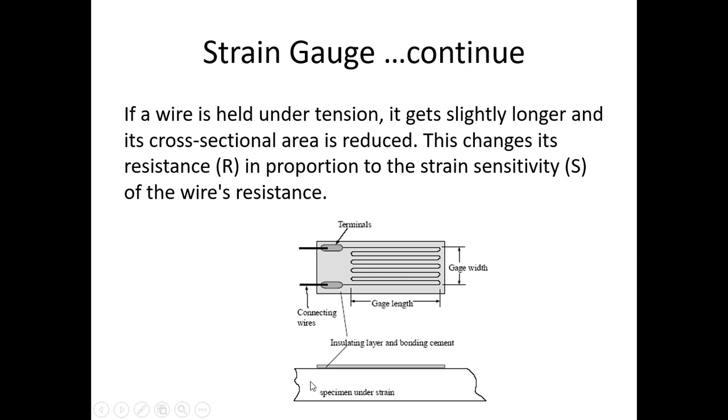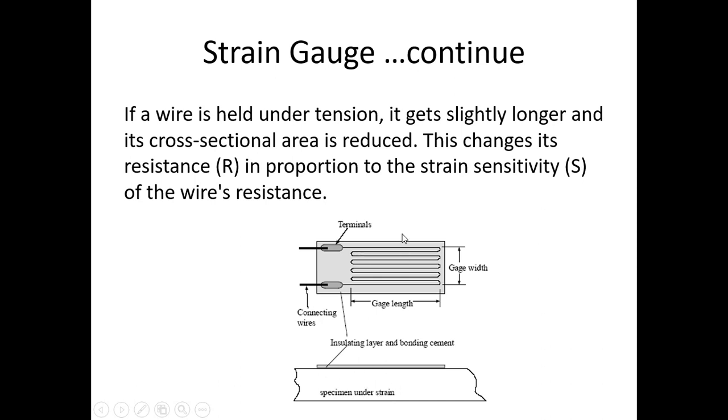When this specimen is strained, or you apply some stress on it, the strain gauge along with the specimen is going to be stretched, and you will find some changes in the dimensions. It could be in the length, or the radius, etc. Accordingly, there is some minute change in the resistance value, and that resistance value is directly proportional to the change which happens on this particular specimen.